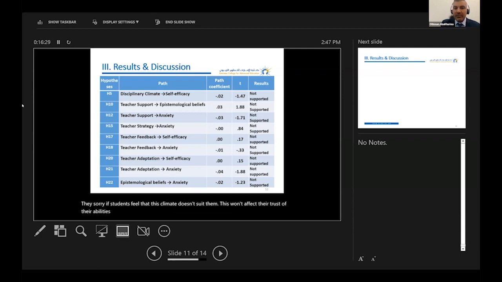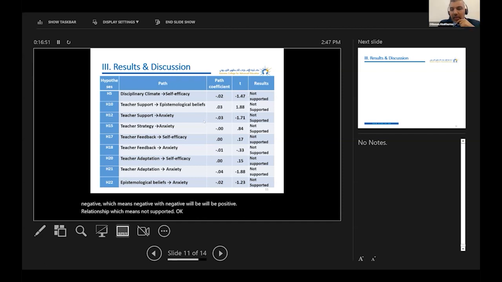For example, if they feel that they were encouraged enough from their parents, from their community, the disciplinary climate at schools won't affect them based on the study. And as you can see, the path coefficient is negative, and the t-value is negative, which means negative with negative will be a positive relationship, which means not supported.